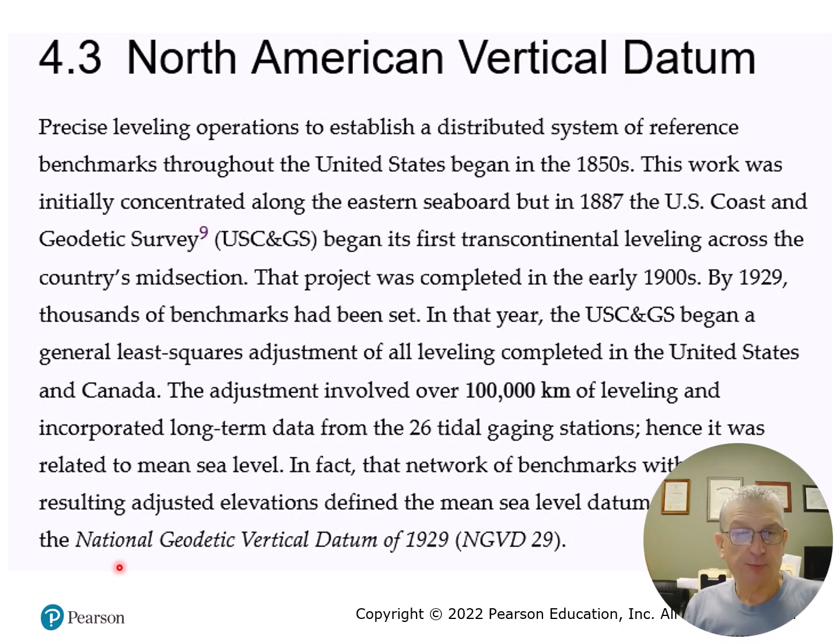Or my presumption, I've never studied it, is that they looked at the East Coast and the West Coast and averaged those independently because they were on different oceans, and then they assumed that any difference from East Coast to West Coast was survey error.